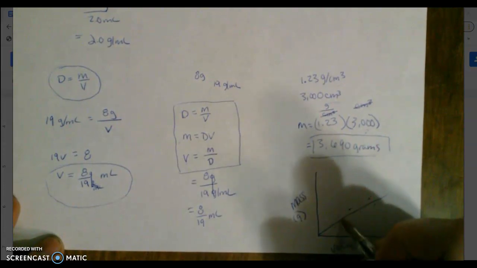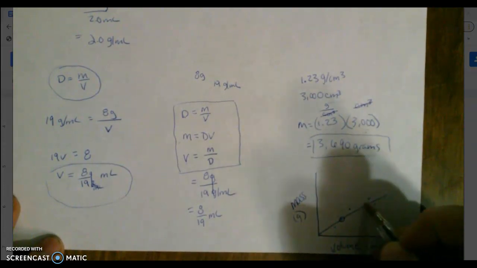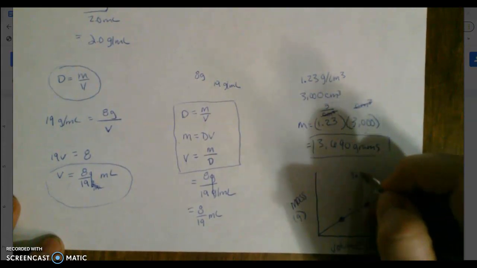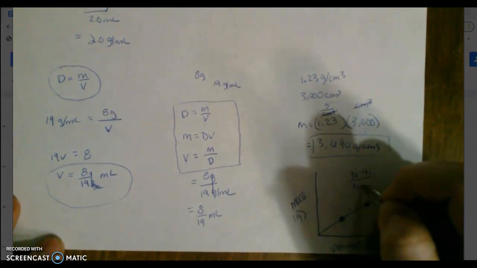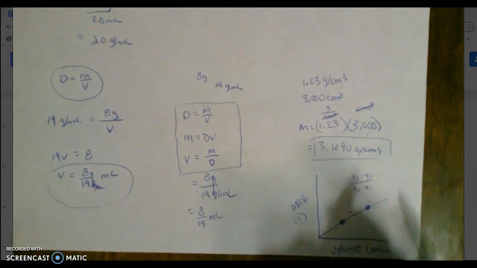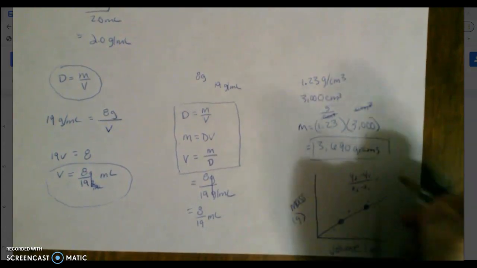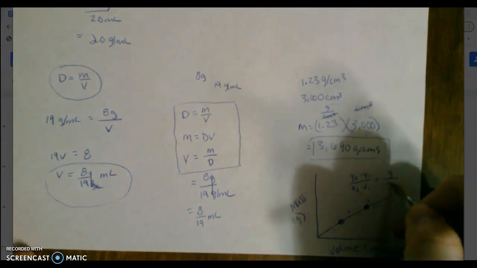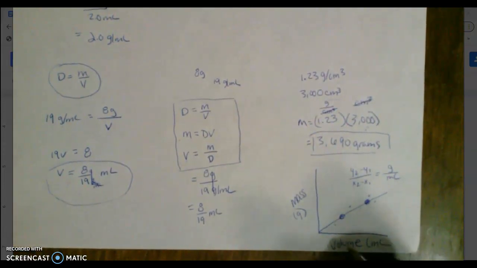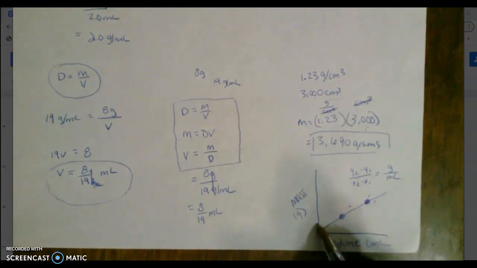And when you calculate the slope by picking a point here, and then doing y2 minus y1 over x2 minus x1, as we've done in that lab, and then two other instances of calculating slope, this number that you're going to get, well, it's measured in grams per milliliter. And a best fit line, the function of the best fit line in this case, is it's averaging the relationship between mass and volume.